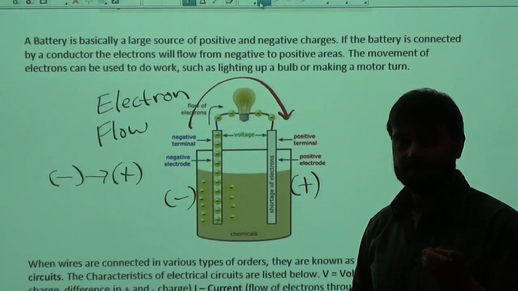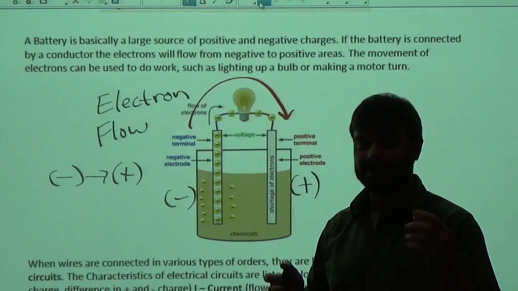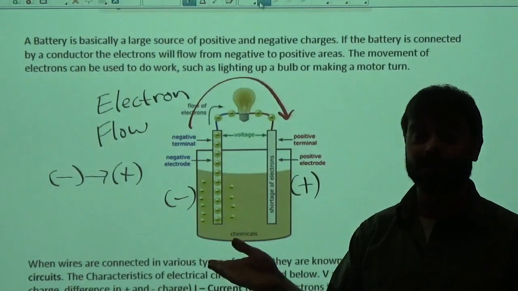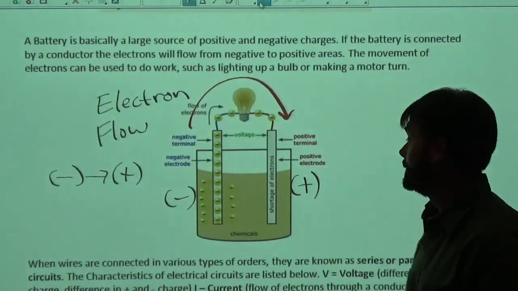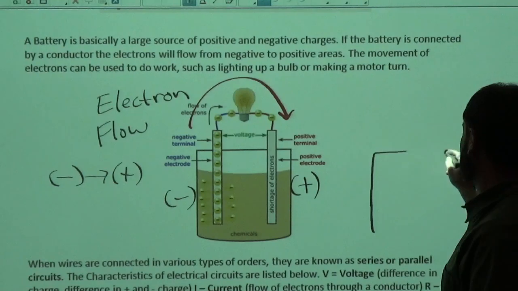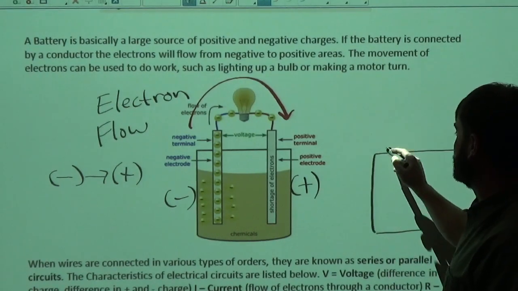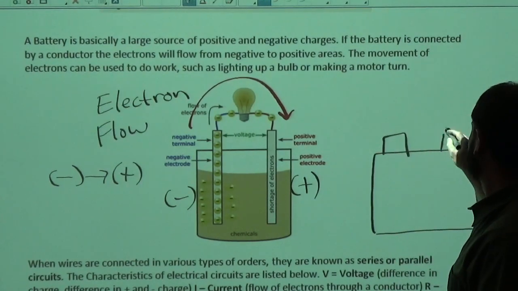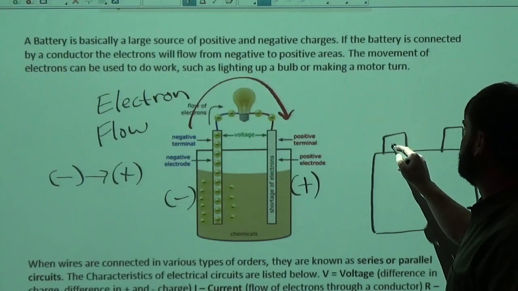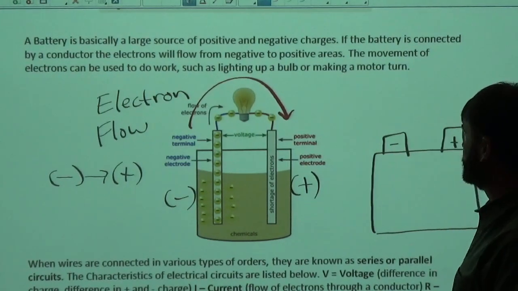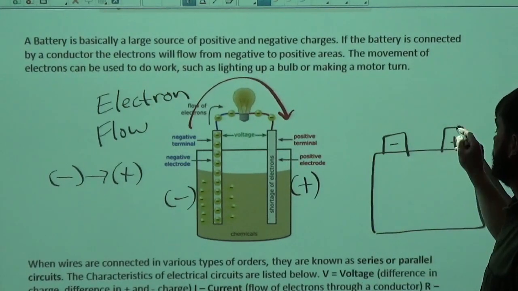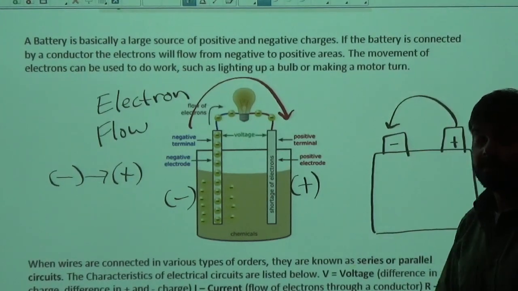Now I can guarantee you can search online, you're going to find places and diagrams and even simulators that we're going to use too, and they're going to show a picture of a battery, and the battery might look like this, with a probe on one side, an anode on the other, listed as positive or negative like this, and I can guarantee that they're going to draw it going like this.